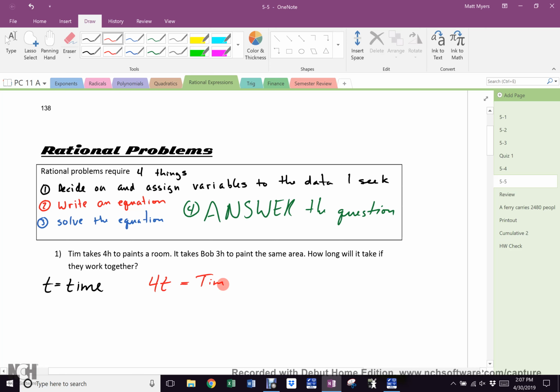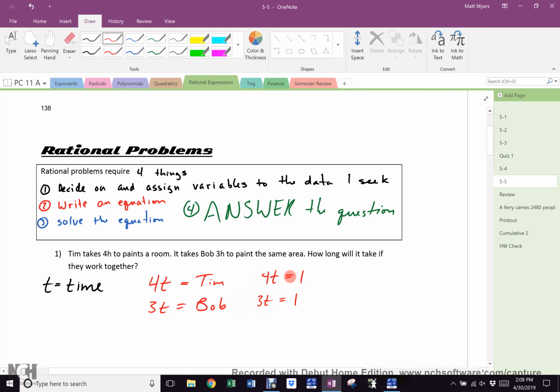What is Bob? 3T equals Bob. Do we agree? Okay. How many rooms are they painting? 1. So if Tim works by himself, 4T of Tim's time will equal how many rooms painted? 1. If Bob works by himself, 3T will equal 1, correct?